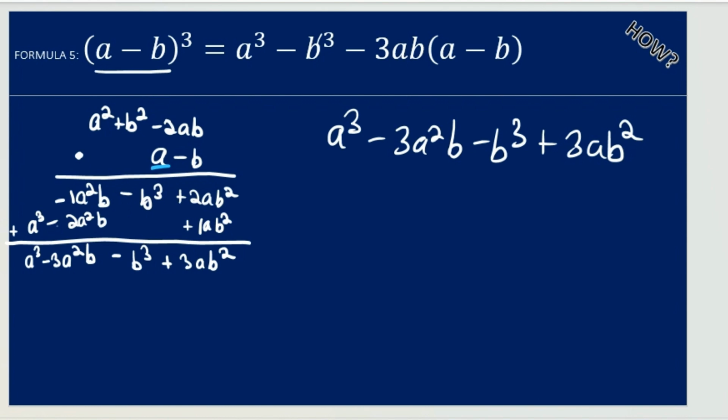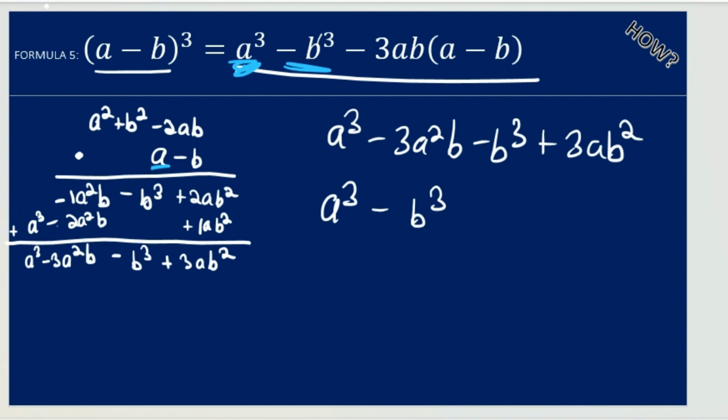Okay. Now, we want to make it exactly equal to the right hand side. So, first, a cube. Then it's going to be negative b cubed. Next, it's going to be negative 3ab times a minus b.